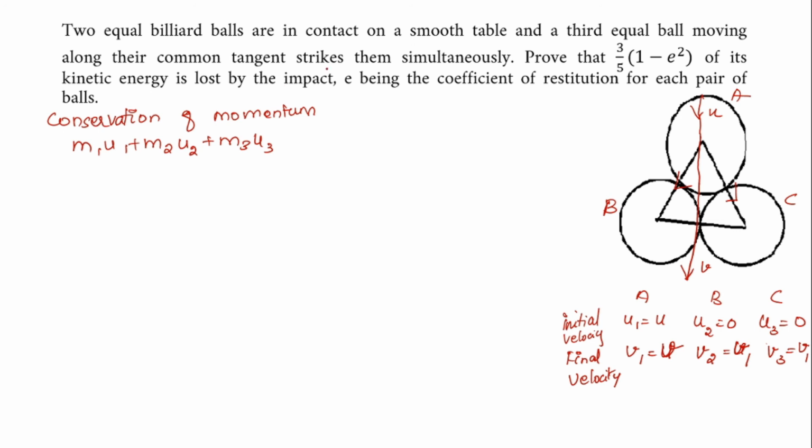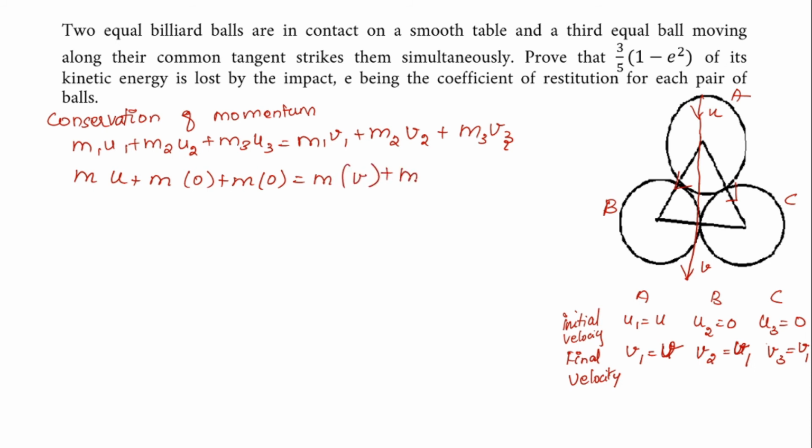So here there are three balls, so m1 u1 plus m2 u2 plus m3 u3 is equal to m1 v1 plus m2 v2 plus m3 v3. Okay, they have given equal billiard balls, so the masses of the balls are the same, right? So we consider that as m. So m into u1 is u, plus m2 is m, u2 is 0, plus m3 is m, u3 is also 0, which is equal to m1 is m, v1 is small v, and m2 is m, v2 is v, and m3 is m, v3 is v.